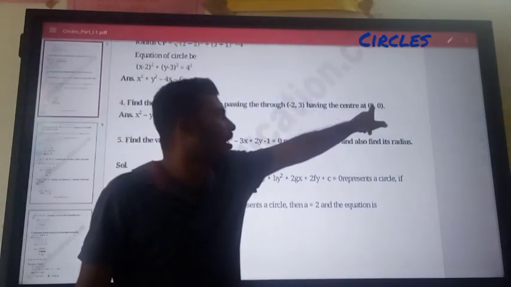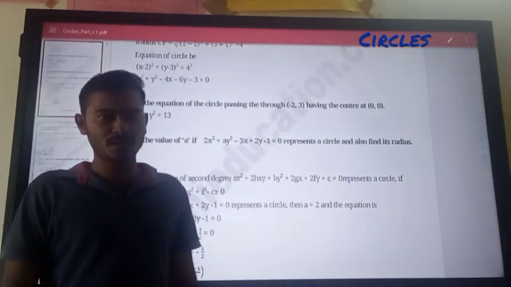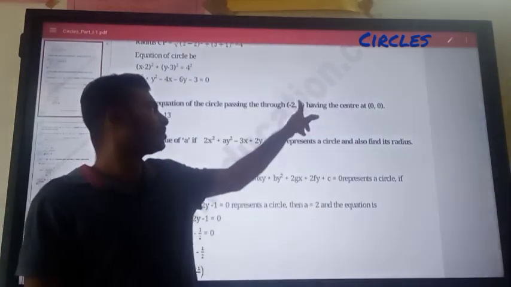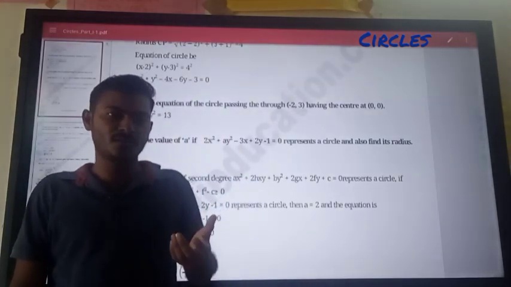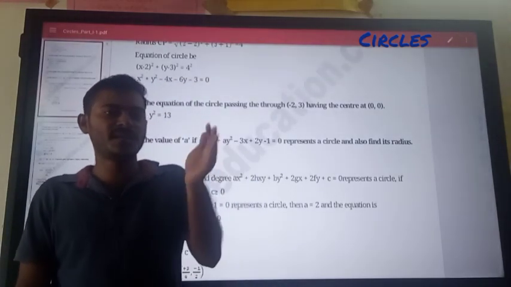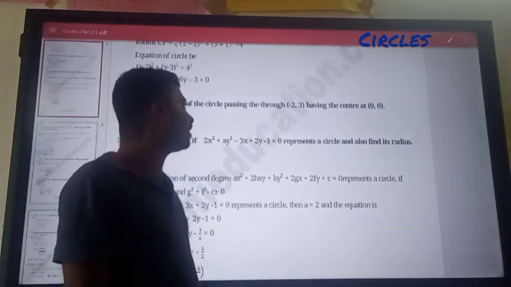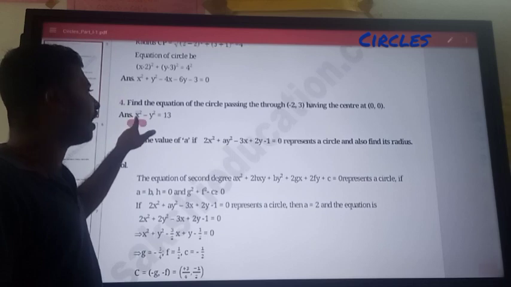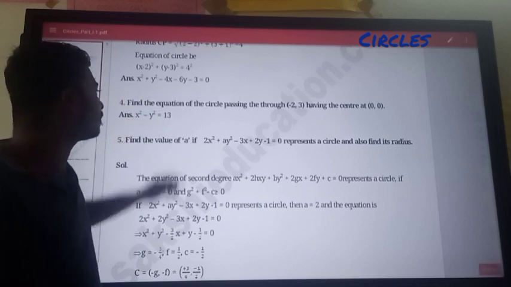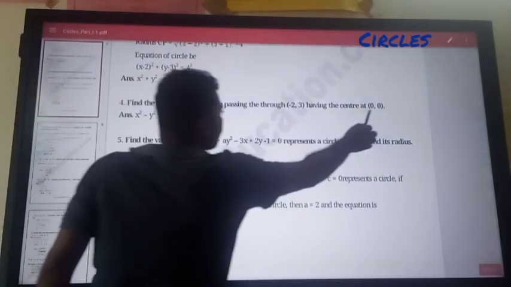So (-2 - 0)² is 4, and (3 - 0)² means 9. 4 plus 9 is nothing but 13. So we have x² plus y² equal to 13. The center is (0, 0).